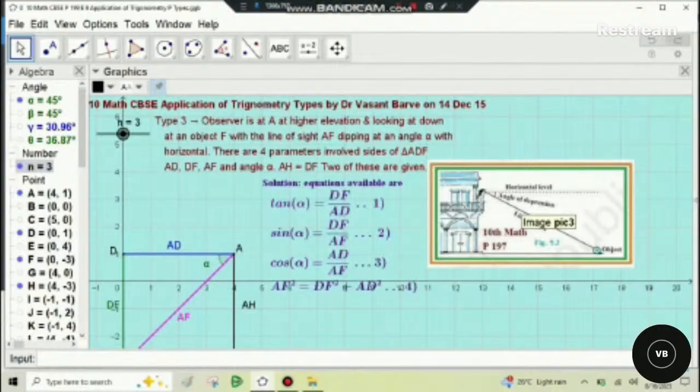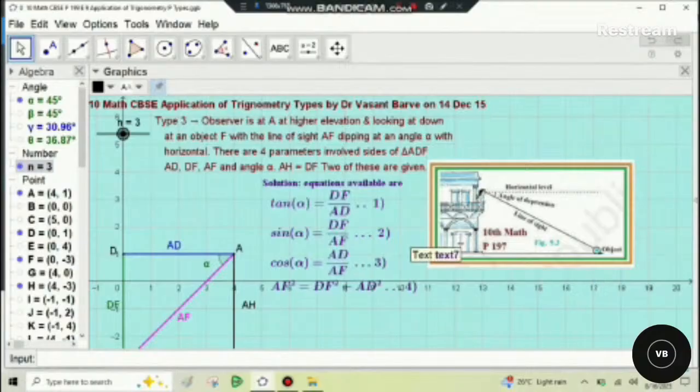Once you know this angle of depression, you immediately know this angle also, because these two are parallel lines, and therefore this angle is the same as this angle, and this is going to be 90 minus that angle.